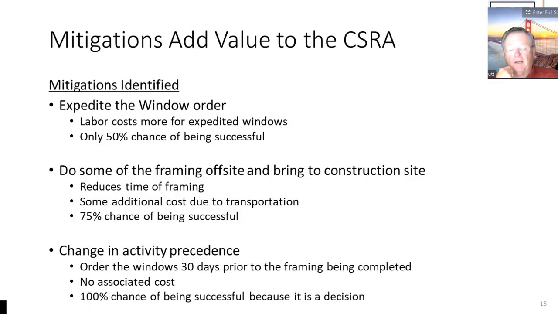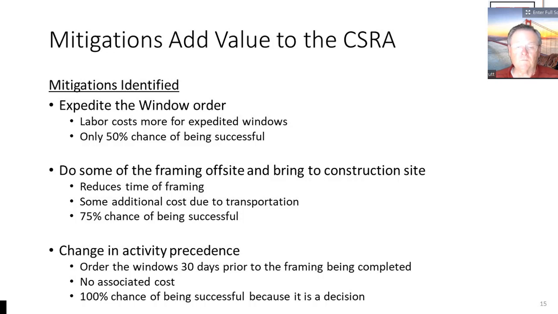So now that we understand what our base schedule is and base costs, what can we do to improve it? We want to mitigate it. So one thing we could do is we could expedite the window order. It was high on the sensitivity. But labor costs could be more if we expedite the windows, and there's only a 50% chance of being successful. One of the traps of the CSRA with mitigation is to assume that every mitigation is 100% successful. So this model is set up where you can assign a probability to the mitigation working or not.